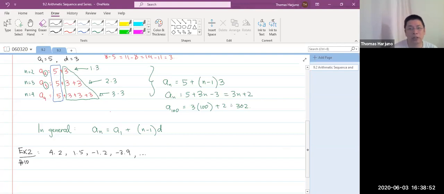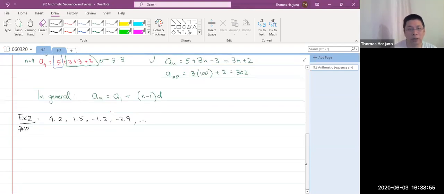This section is on arithmetic, so we know this will be arithmetic at least. But in your test, you don't know if it will be arithmetic or not. So make sure you do this kind of test.